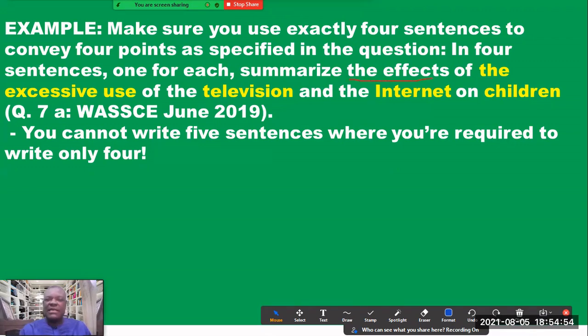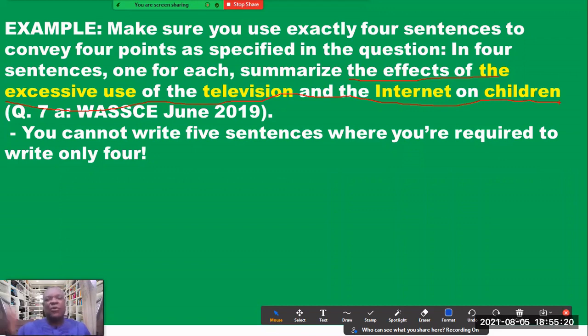You are going to say, the effects of the excessive use of television and internet on children are... So the preamble is just the opening statement. All right. So you pick that major part of the question that gives you this instruction.